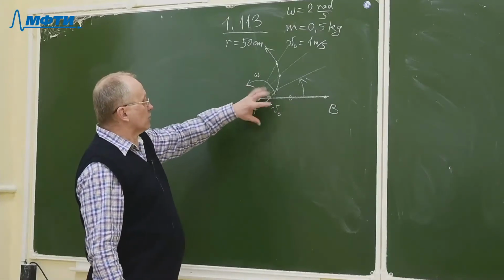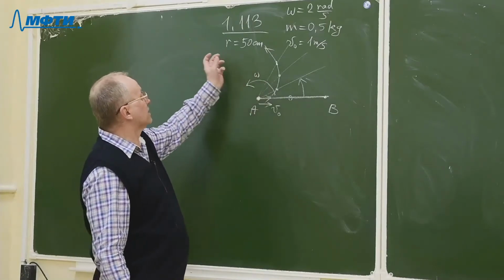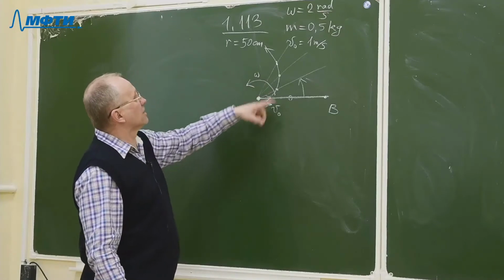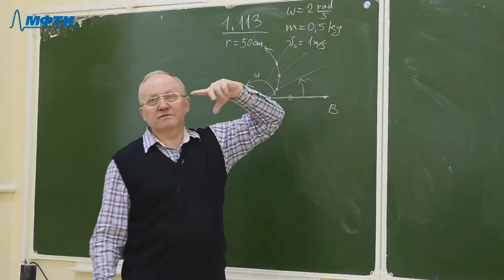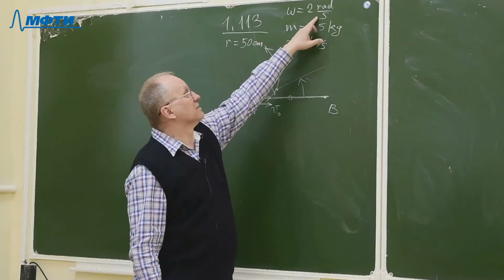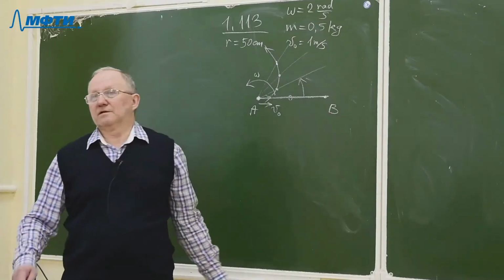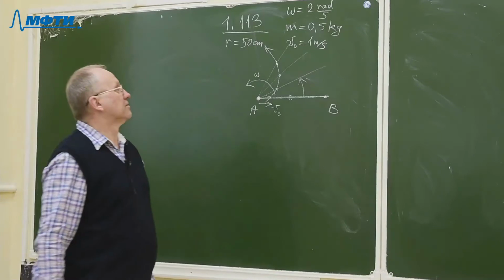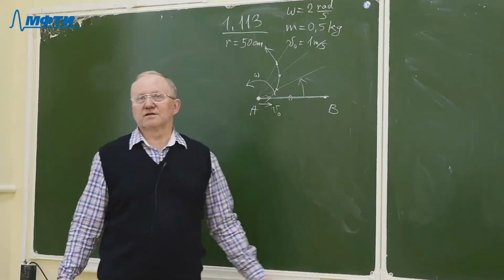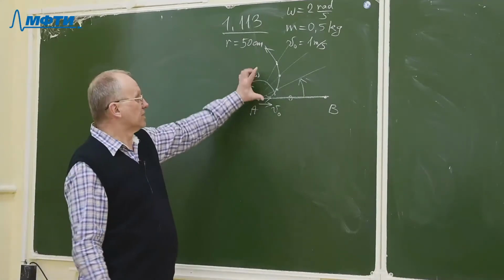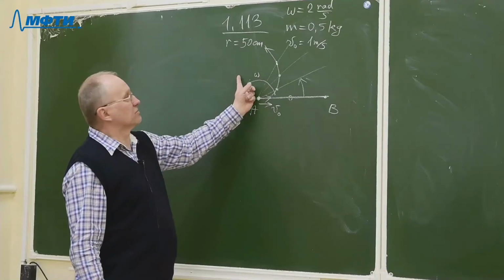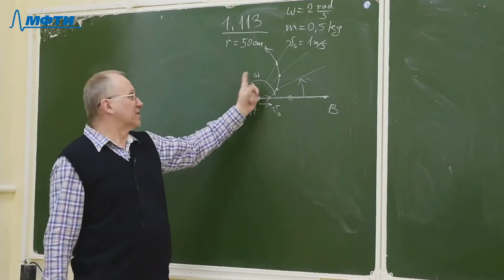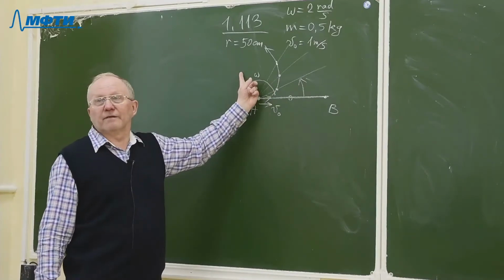This is also a non-inertial reference frame, rotating much quicker, at a much higher angular velocity of 2 radians per second. What is 1 radian? Well, it's close to 60 degrees, just a little bit smaller than 60 degrees. So 1 radian is this angle. And 2 radians per second is a little bit less than 120 degrees.